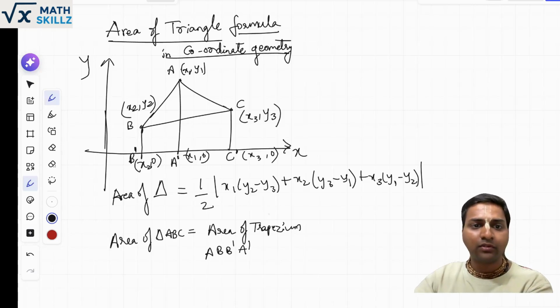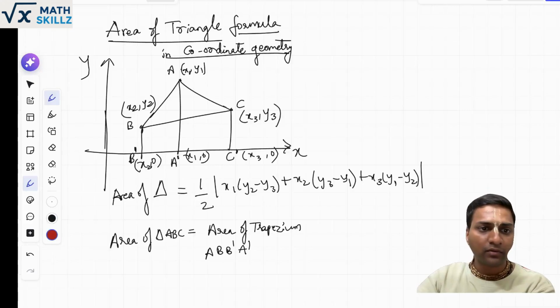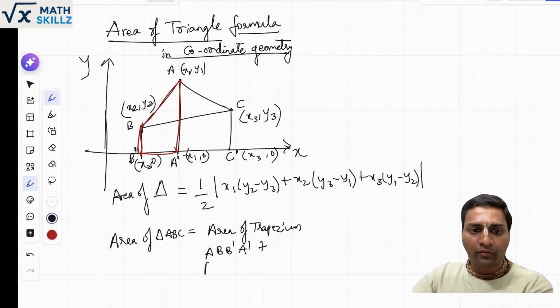Then I will add the area of trapezium A C C dash A dash.